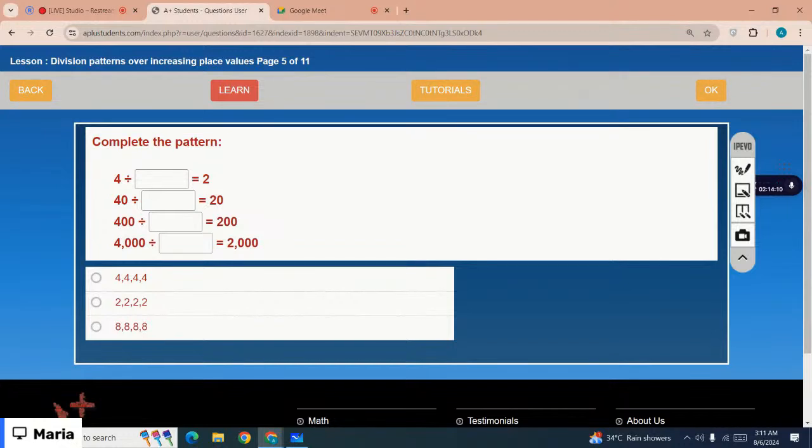So which is the correct option? Yes, option number 2 is the correct option, right?